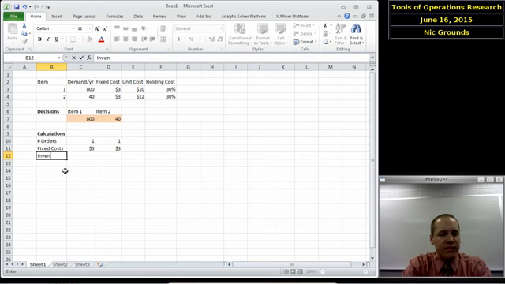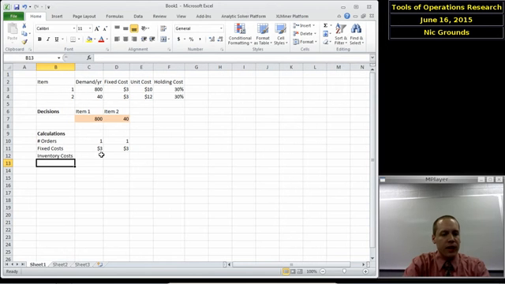But then we have an inventory cost. The inventory cost works like this: we have to know how many items we have in stock on hand on an average day throughout the year. Just for the sake of simplicity, we'll assume that if we ordered, say, 800 item 1s, we'll sell them at a linear rate, which means throughout the whole year, on average, we'll have about half of that on hand.